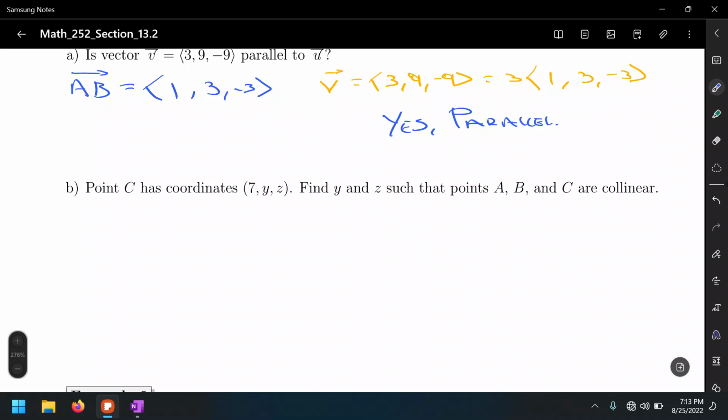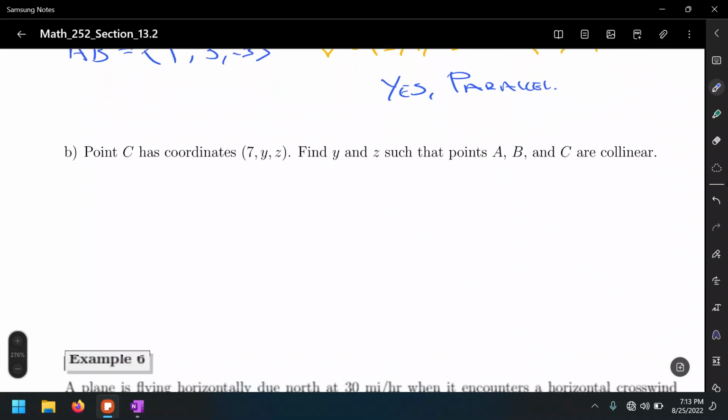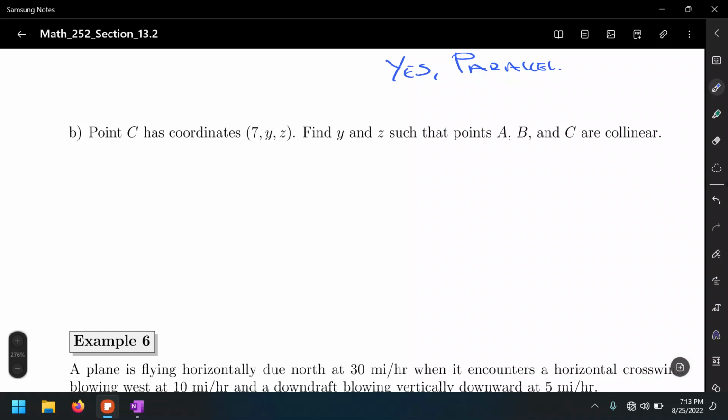What do we mean by collinear points? It means that the 3 points lie on the same line. If at least one of the points is slightly off the line, they would form an angle or a triangle, but in this case we want to make sure they are on the same line.